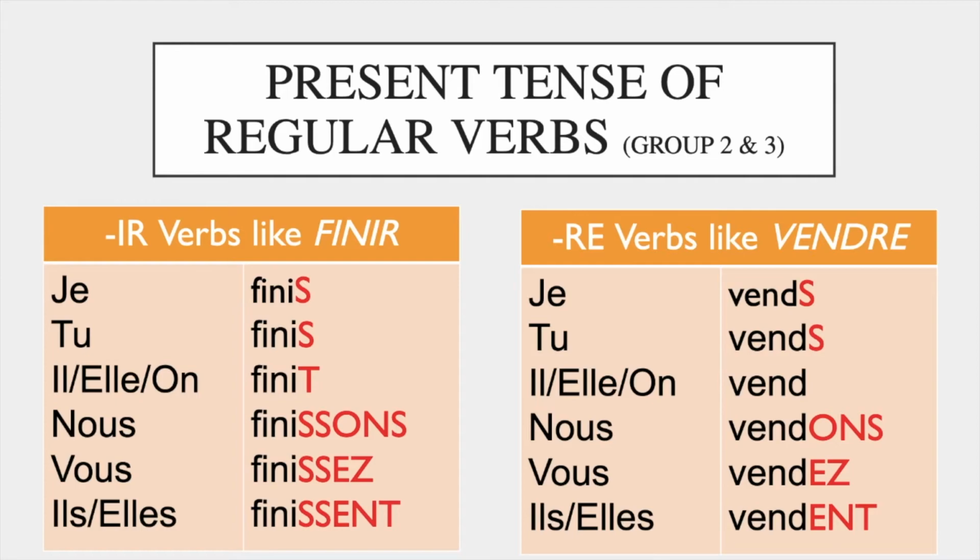So, finir will go je finis, tu finis, il, elle, on finit, nous finissons, vous finissez, ils finissent, and elles finissent. RE verbs, je vends, tu vends, il, elle, on vend, nous vendons, vous vendez, ils vendent. Unlike ER verbs, only the first, second, and third persons or forms are pronounced the same way.